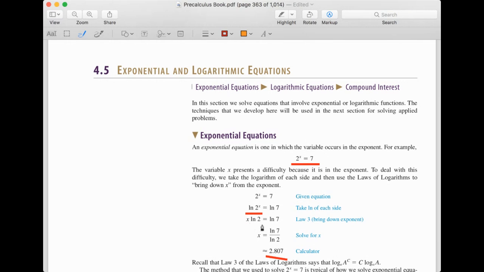Then we divide by ln 2 on both sides. So x equals ln 7 divided by ln 2. For us, we don't have to evaluate. But if you are curious what ln 7 divided by ln 2 looks like, you can punch it into a calculator. It's about 2.807.